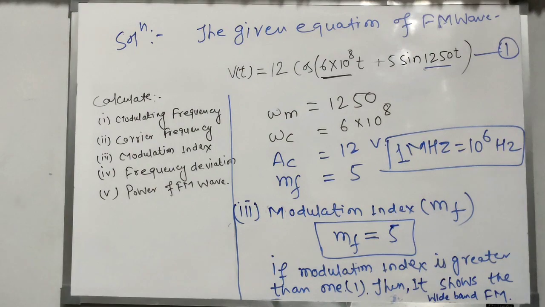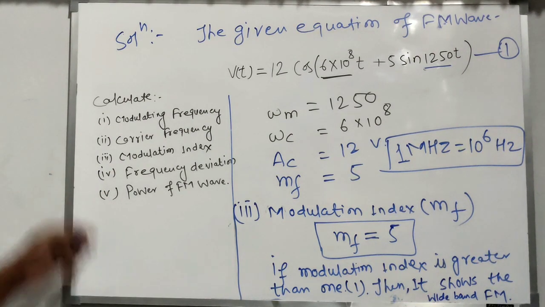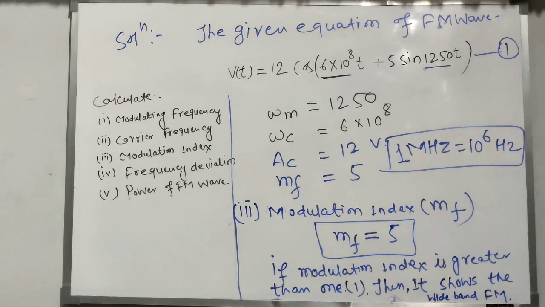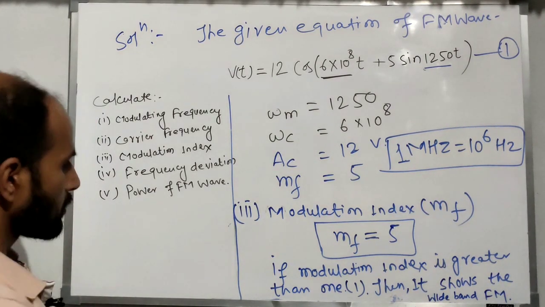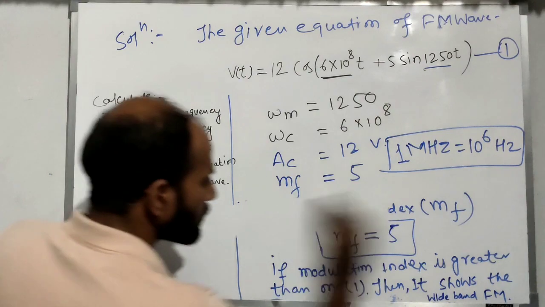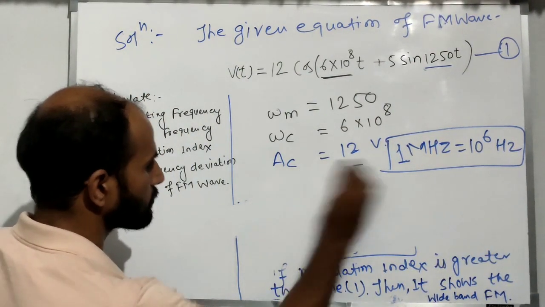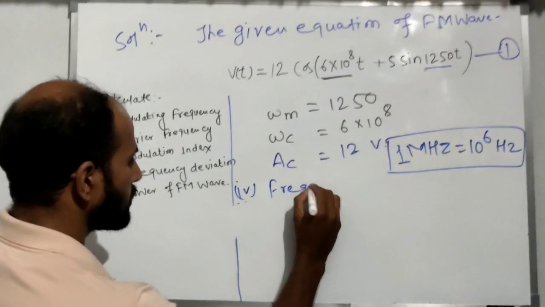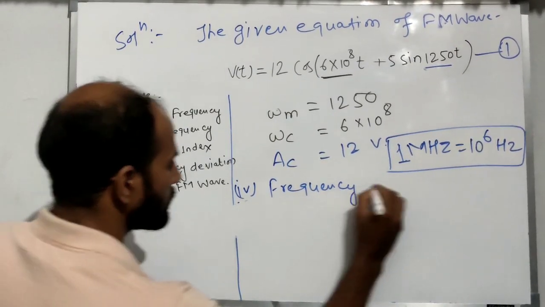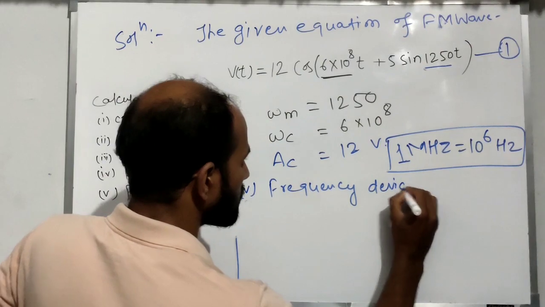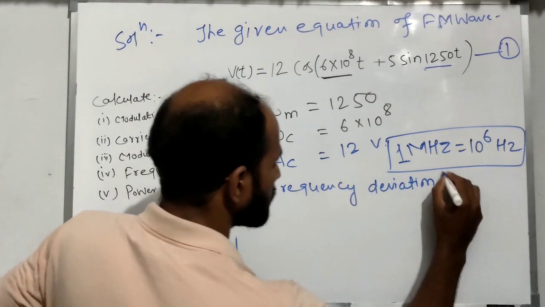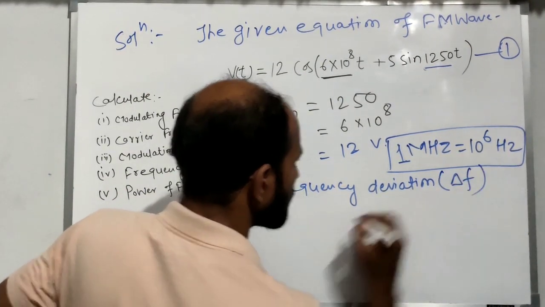Okay, we have solved the third, the modulation index. Now we calculate the frequency deviation. How to calculate the frequency deviation? Frequency deviation is called delta f.